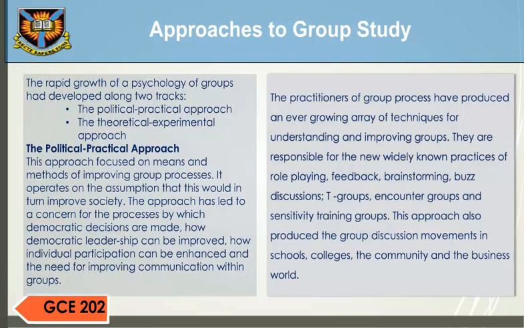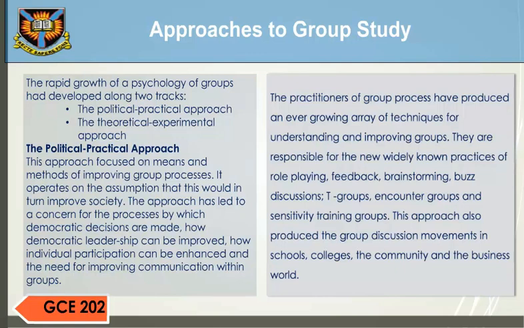It operates on the assumption that these would in turn improve society. The approach has led to a concern for the processes by which democratic decisions are made, how democratic leadership can be improved, how individual participation can be enhanced, and the need for improving communication within groups.